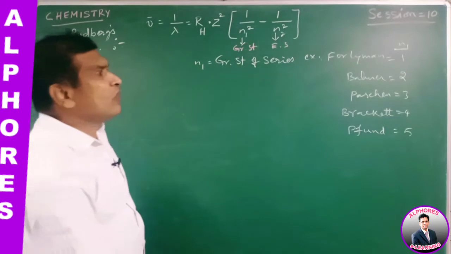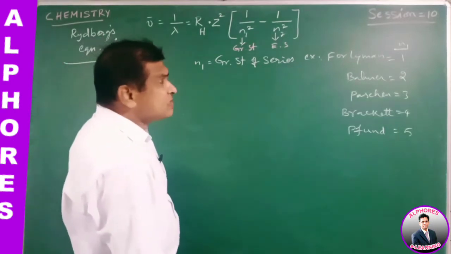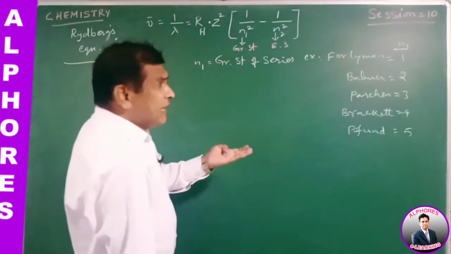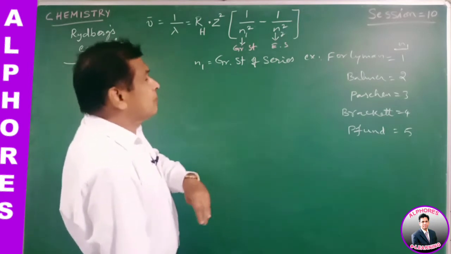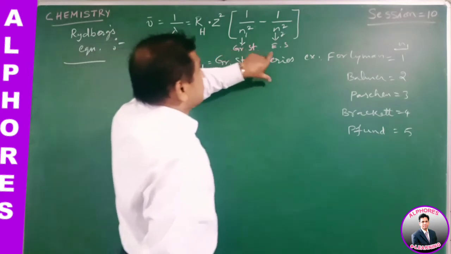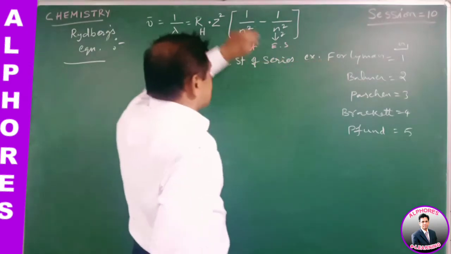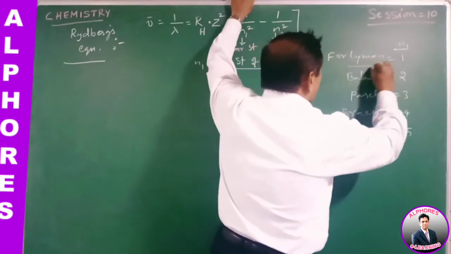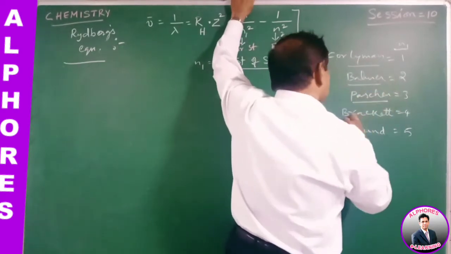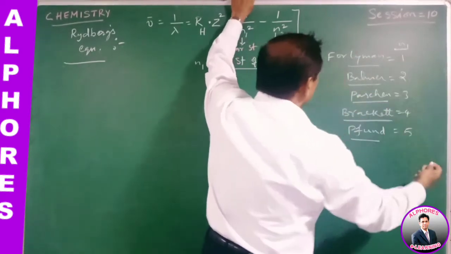Okay, these are all N1 values. That means the energy level where the series is formed. Okay, now that is the ground state of that series. Lyman series, Balmer series, Paschen series, Brackett series and Pfund series, we noted like this.